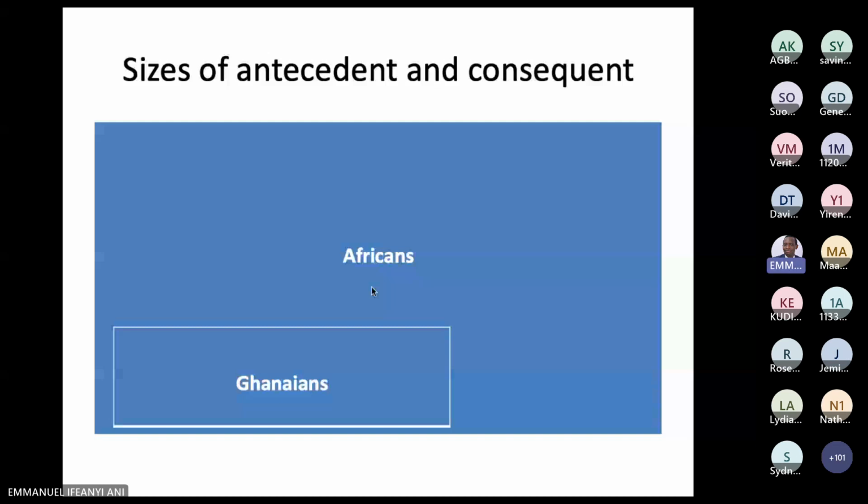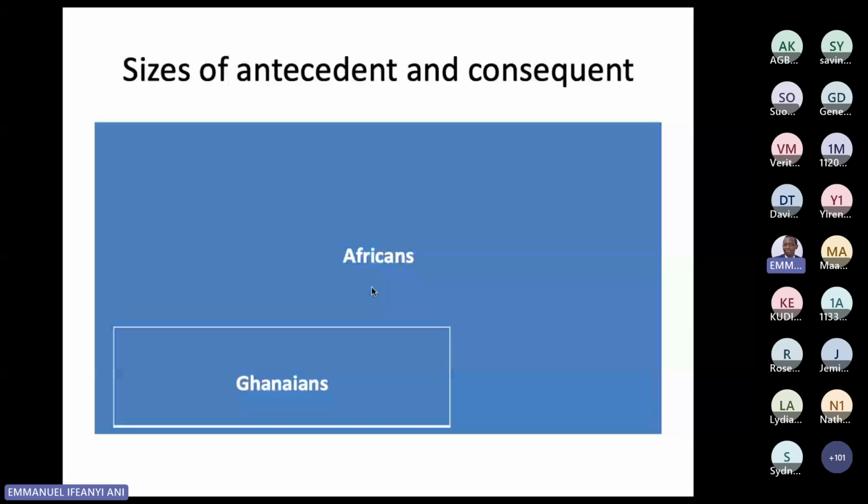If you say Peter is a Ghanaian, which affirms the antecedent, therefore Peter is an African, you are correct, because everything in the Ghanaian box is also in the African box. So Peter is a Ghanaian, therefore Peter is an African, is a valid argument.